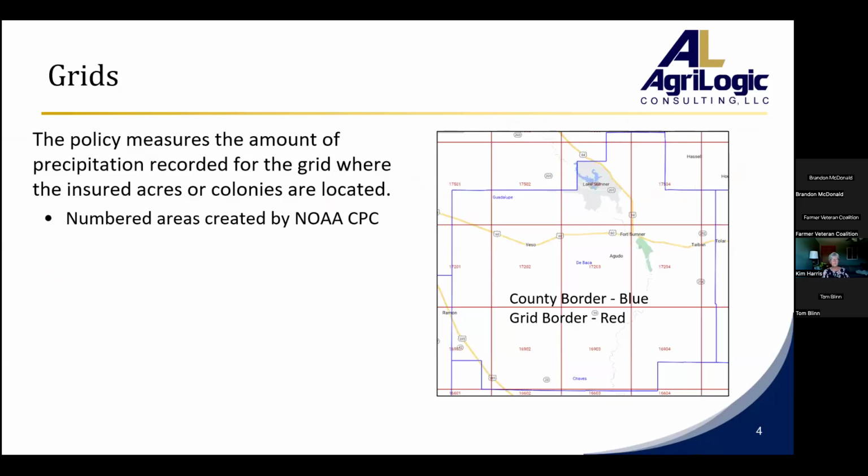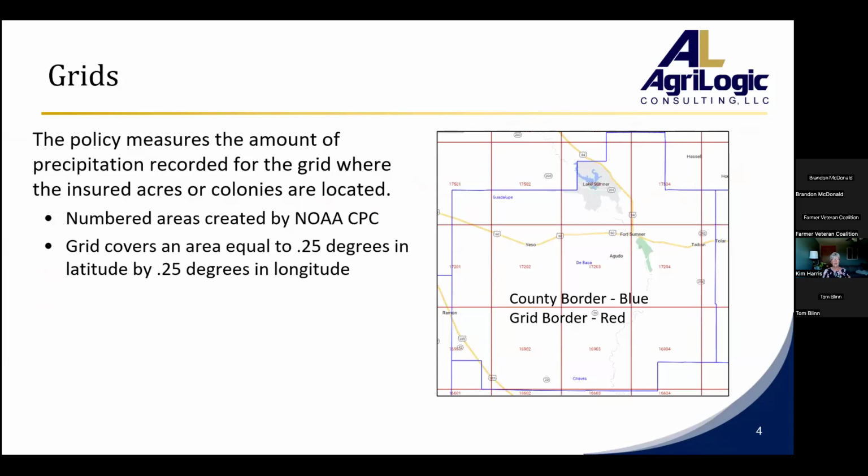Talking about a grid, this is an area created by NOAA CPC, the Climate Prediction Center, and they are just set out in square grids that cover 0.25 degree in latitude by 0.25 degree in longitude. These grids don't follow state, county, or other boundaries.